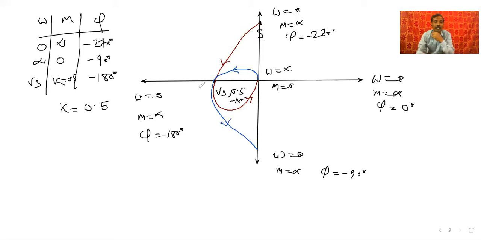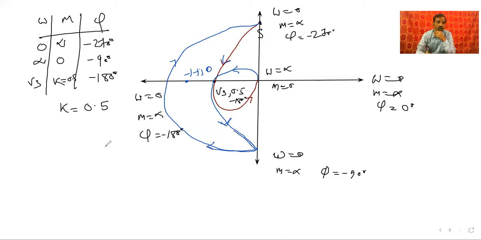This is the direction, and this is the contour, with the -1 plus z0 point inside of the contour.